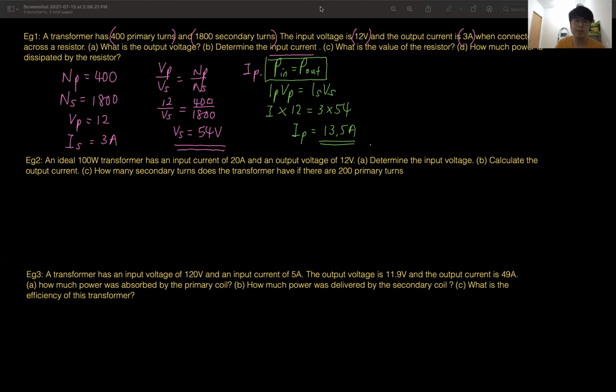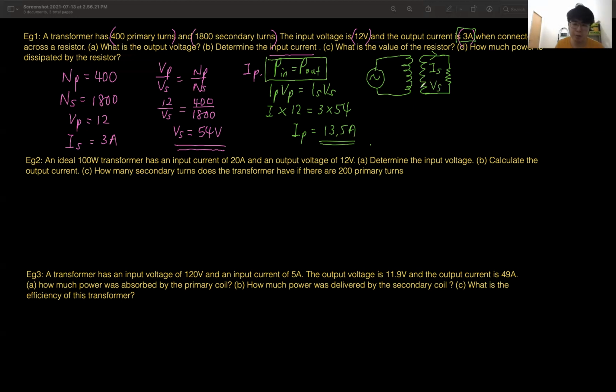C, what is the value of the resistor? Where is the resistor? Is it in the primary circuit or secondary circuit? You see, the input voltage is 12 and the output current is 3 amp when connected across a resistor. So this is your primary coil, and your secondary coil has the resistor here. This is current I secondary and also voltage secondary.